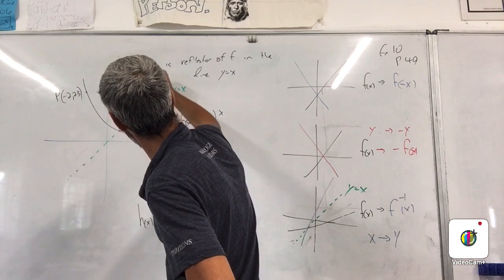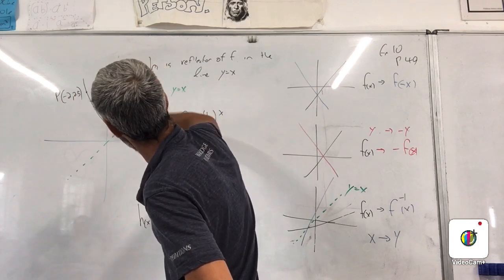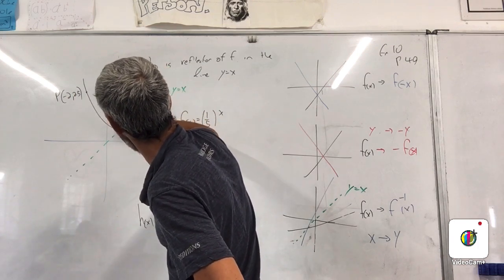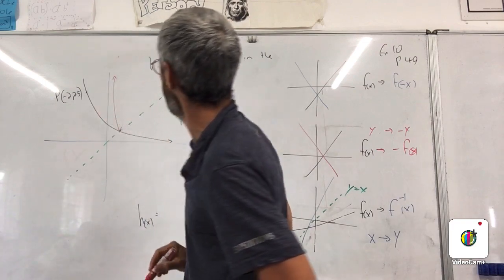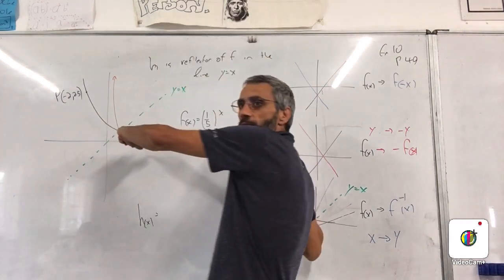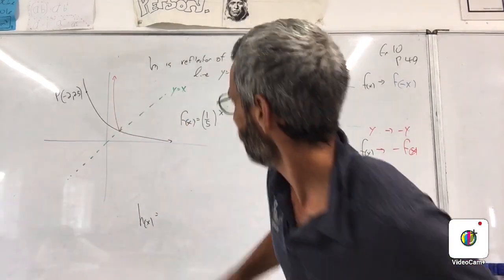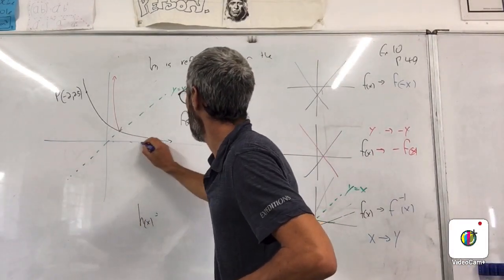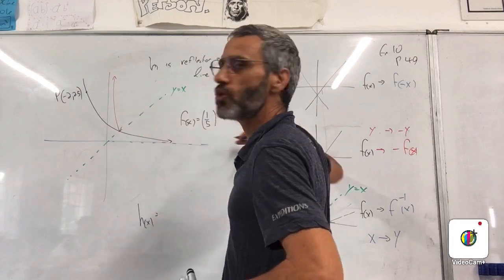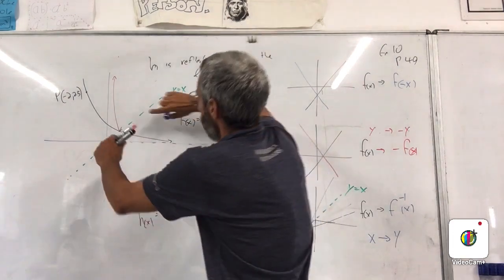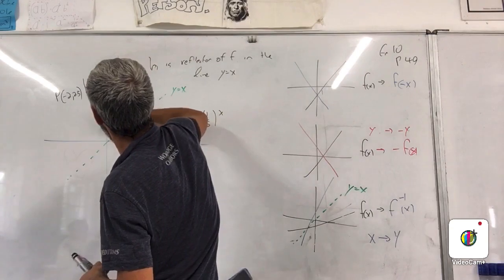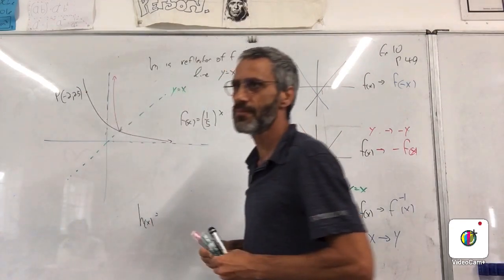Now, I'm making the same mistake that I did last time. I remember Simone was not happy with me. So maybe the way to think about it is that there is a horizontal asymptote. It gets closer and closer to that, so that's going to be reflected into a vertical asymptote.